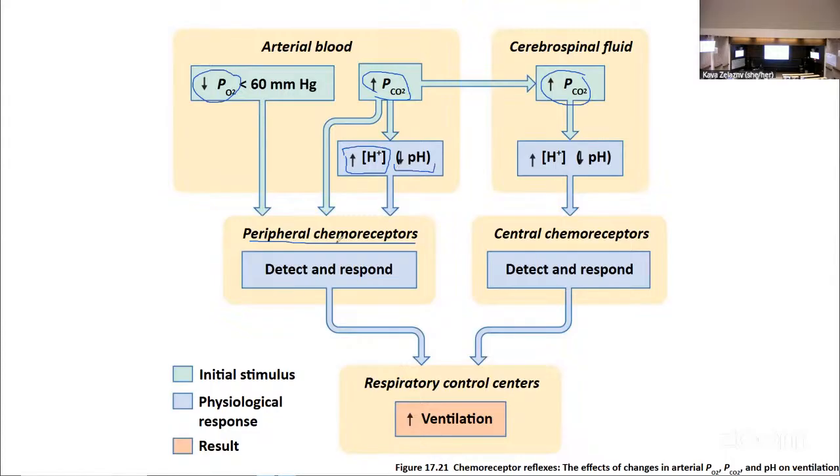So here are those peripheral chemoreceptors responding to all of that. And here's the CSF and those central chemoreceptors responding just to the carbon dioxide piece, not directly, but exclusively through that hydrogen ion and pH relationship. But overall, our big effect when we see this would be to increase ventilation, try to breathe more so that we can adjust the content of our blood to be appropriate.